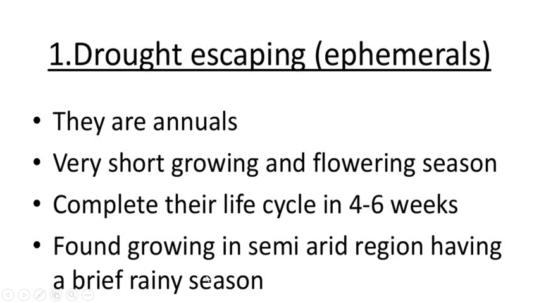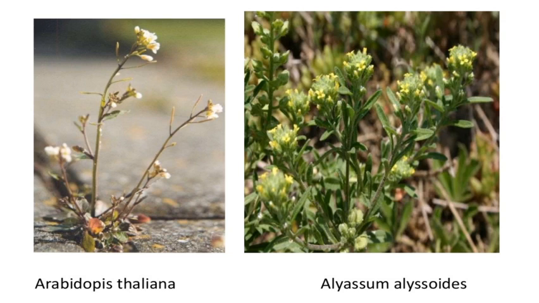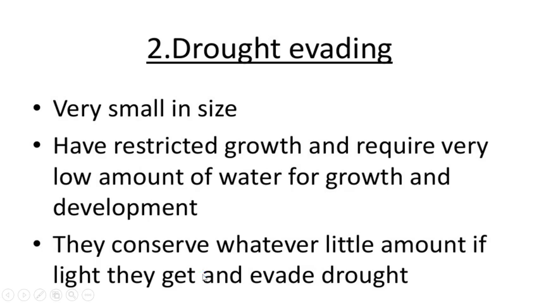These annuals or ephemerals complete their life cycle within a short period. That's why they are called drought escapers. For example, Argemone mexicana, Solanum xanthocarpum, Cassia tora, Alyssum alyssoides, Arabidopsis thaliana, etc.